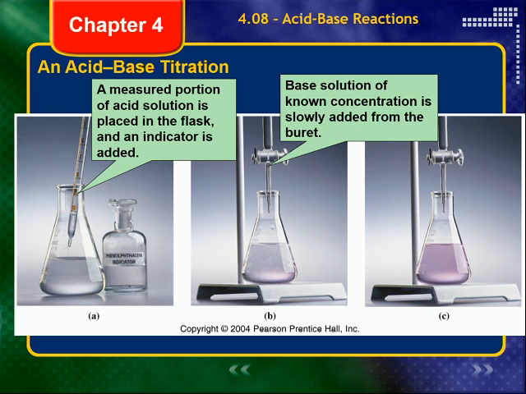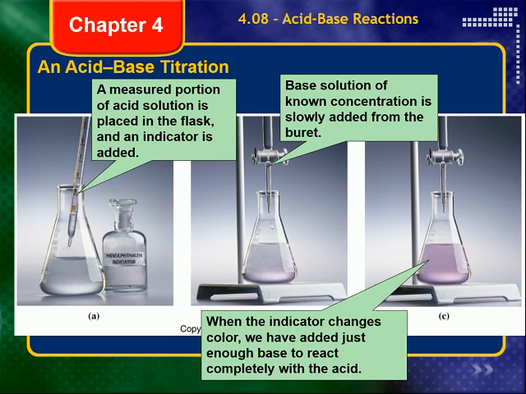Then the base solution of a known concentration, I know exactly the concentration of whatever is in that burette, is slowly added. And I can tell you from the classes that I took at Chico State where we actually had to carry out these, you do it so painfully slowly, so that the moment there's a color change, you immediately stop.